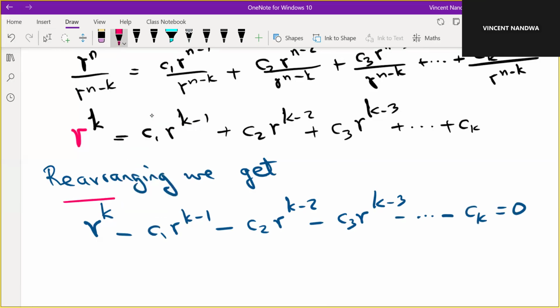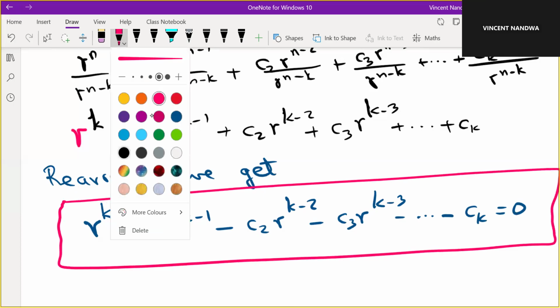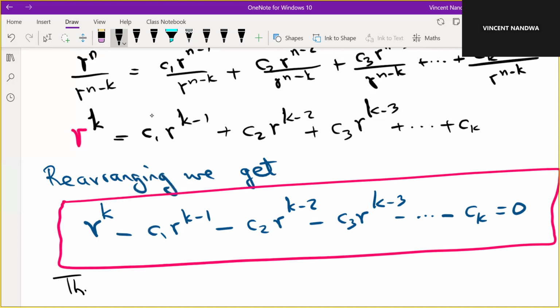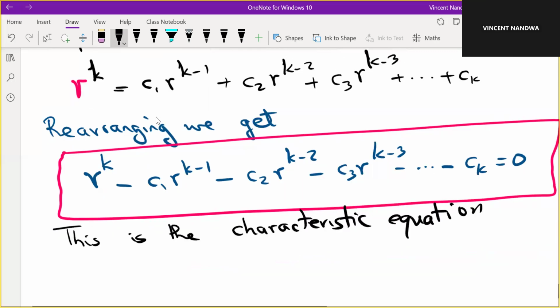So this equation is called the characteristic equation of the recurrence relation 1.